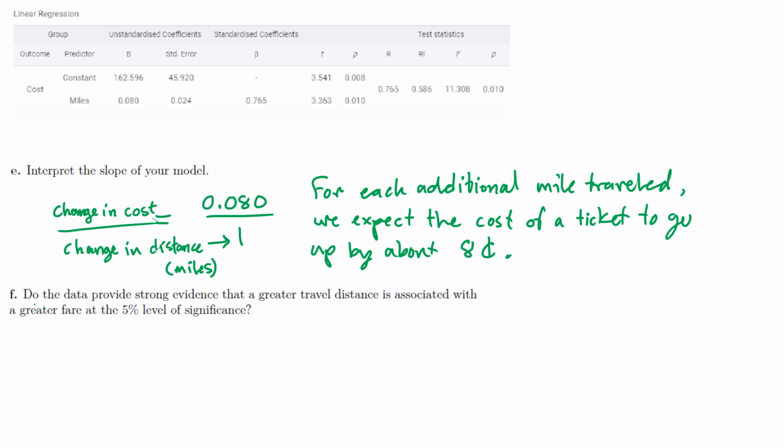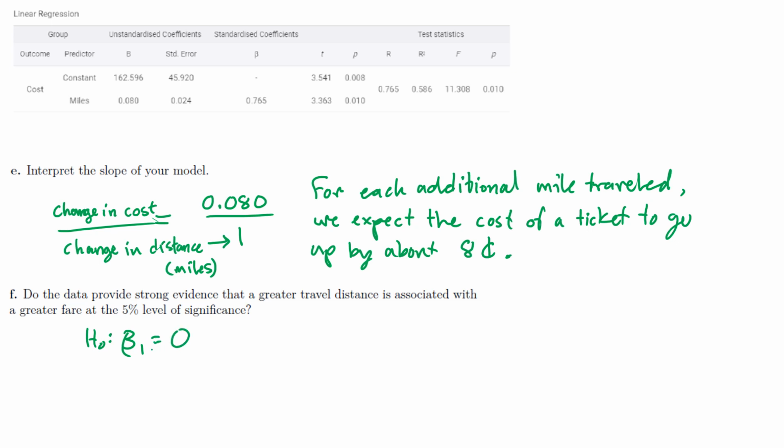All right, and then finally part F says, do the data provide strong evidence that a greater travel distance is associated with a greater fare at the 5% level of significance? Okay, so our null hypothesis would be that beta 1 is equal to 0.